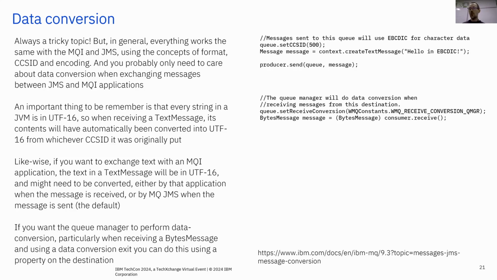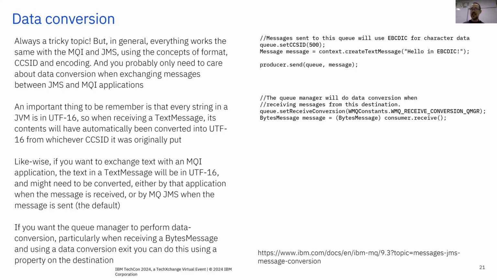And probably the most important thing to get your head around is the fact that inside the JVM, every text string, as part of the Java spec, has to be in UTF-16. So any message you've sent in from the MQI into a JMS application will likely have been converted into UTF-16, so Unicode, when you're dealing with a text message.